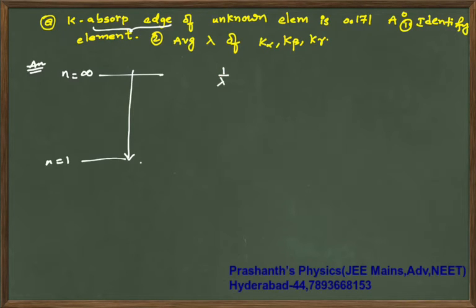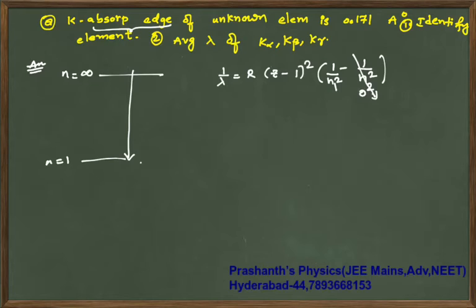So according to the relation, 1 by lambda equals R times (Z minus B) whole square, and if nothing is mentioned, I asked you to consider B equal to 1, times (1 by N1 square minus 1 by N2 square). If you substitute N2 equal to infinity, this term will become 0, right?